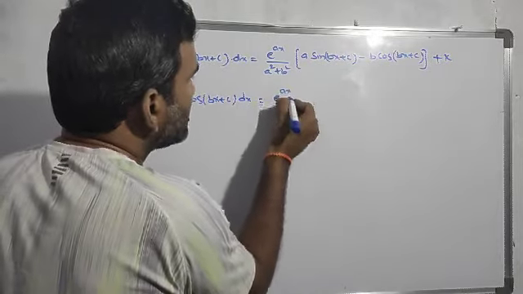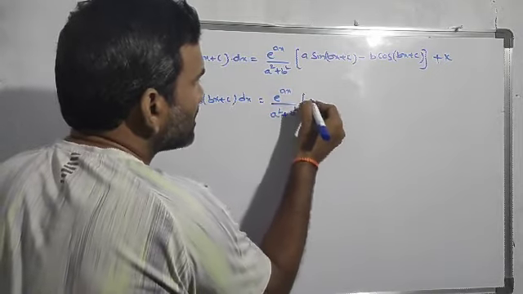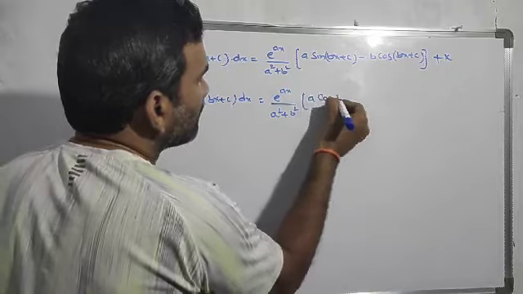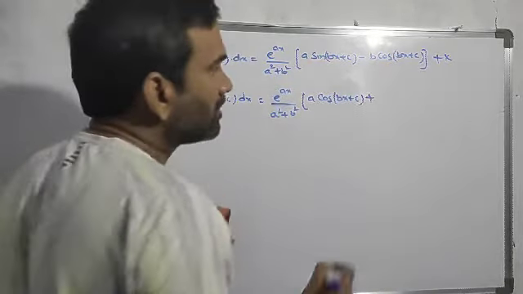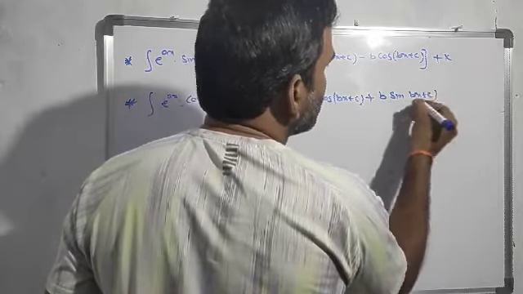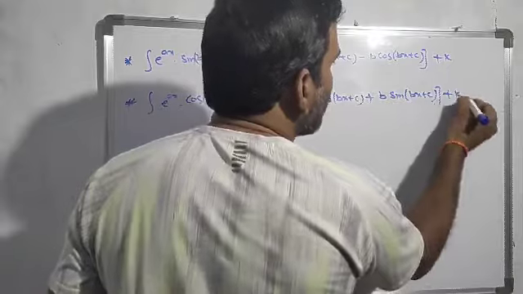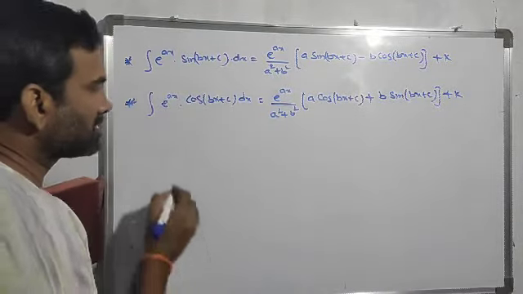This value is e power ax by a square plus b square, same process, into a cos of bx plus c, here we get the plus sign, b sine of bx plus c, this total plus k. So these are the two important formulas.